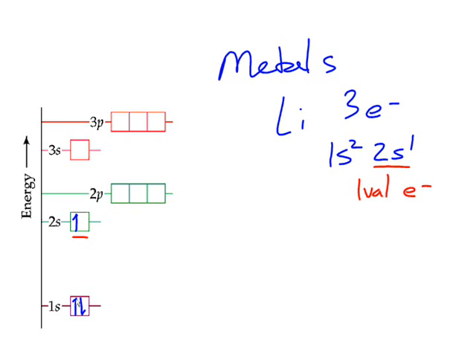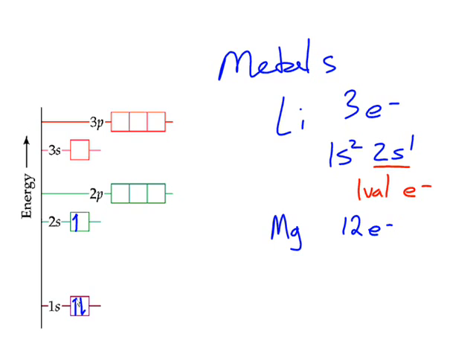Next, let's take a look at something a little bit bigger. We'll look at magnesium. If we look at the periodic table, magnesium is element number 12. So the neutral atom would have 12 electrons. We're going to go ahead and fill that in. Obviously, we can start with the 3 that we already have for lithium and just add on to it.